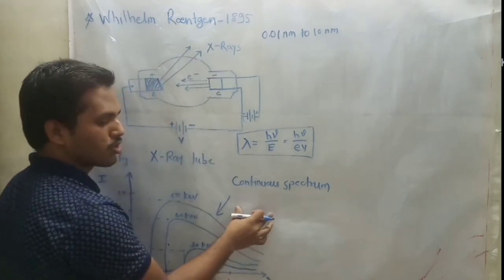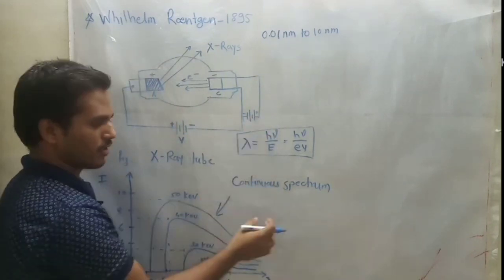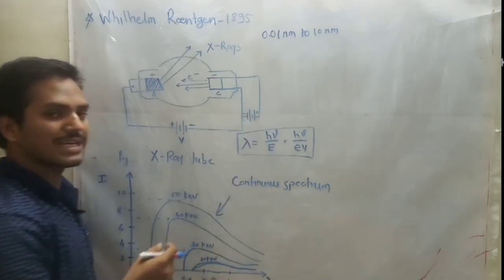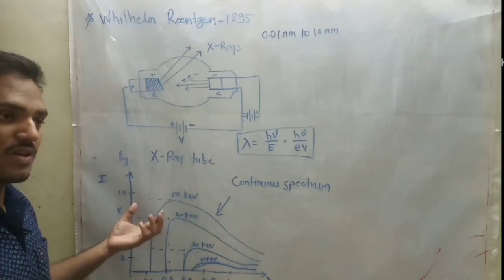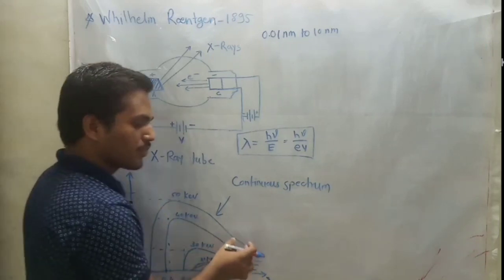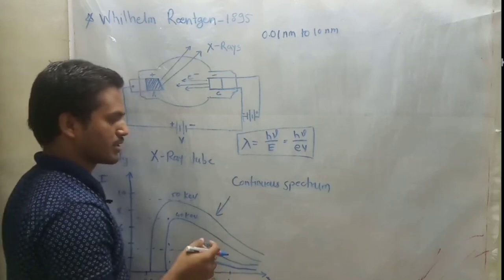This spectrum is also known as Bremsstrahlung spectrum because it is from the Bremsstrahlung photons.